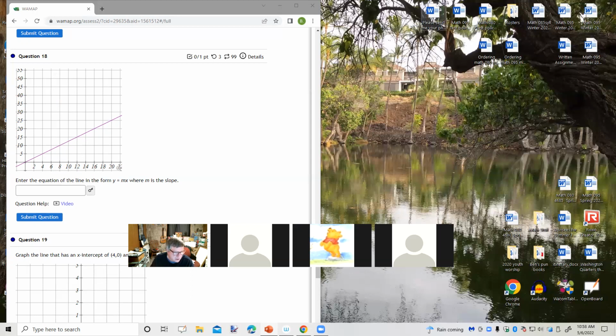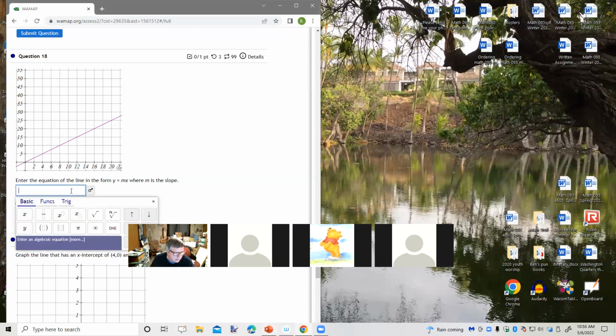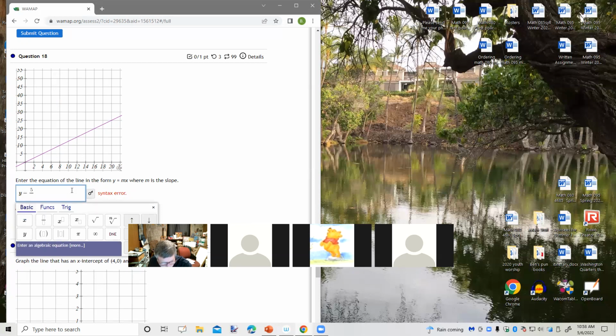So our equation would be y equals 5/4, and then I got to move the cursor over there, x. In fact, let me go back for a minute and show you what will happen if you don't do it right. If you just do this, see what happens? That's not correct, is it? So not using the stuff down below, just using the slanted key, I've got to come back here and move the cursor.